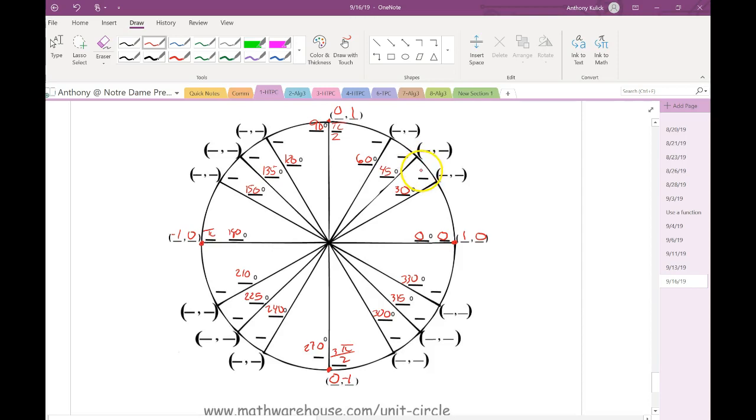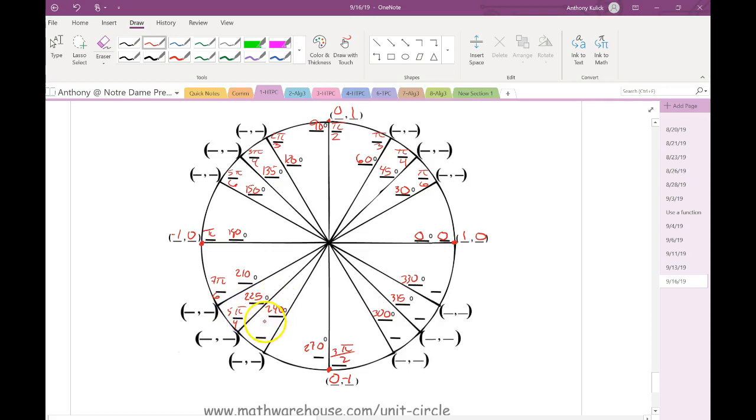In terms of radians, 30 is pi over 6, 45 is pi over 4, and 60 is pi over 3. 120 is 2 pi over 3. 135 is 3 pi over 4. And 150 is 5 pi over 6. 210 is 7 pi over 6. 225 is 5 pi over 4.